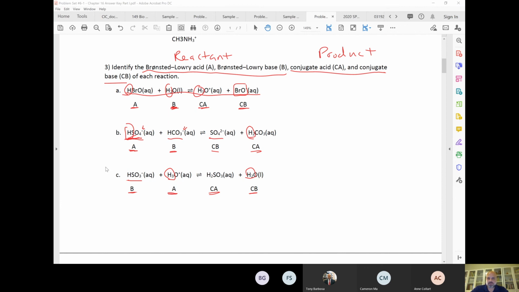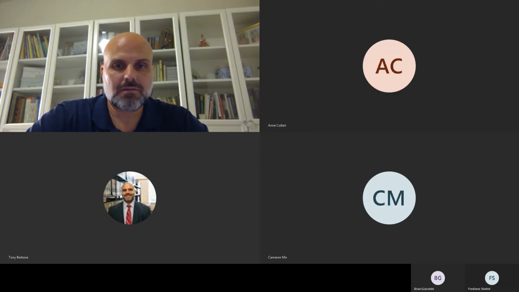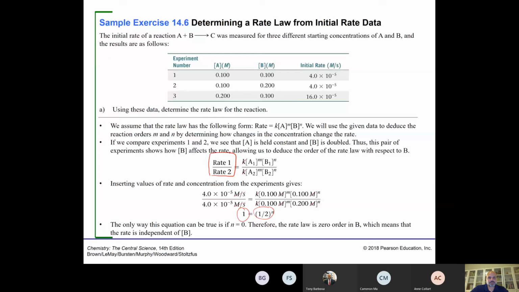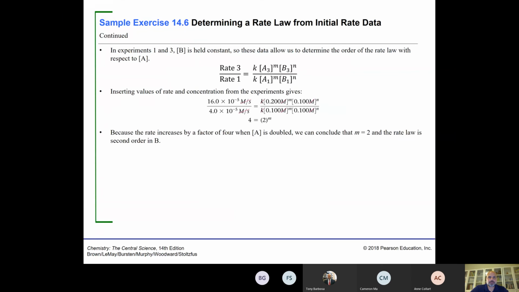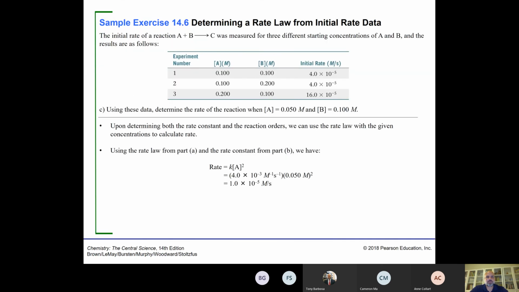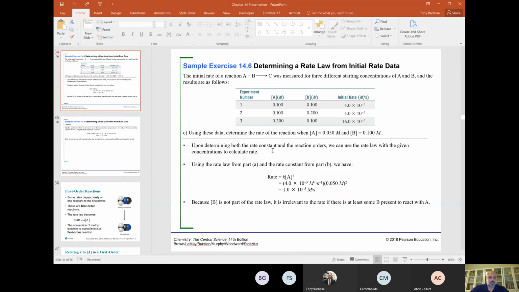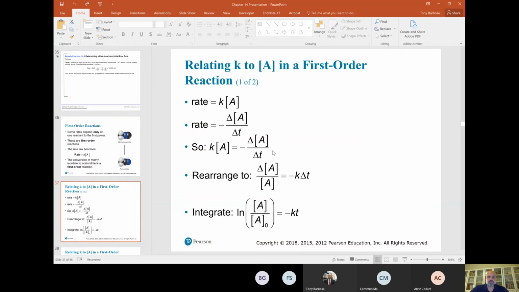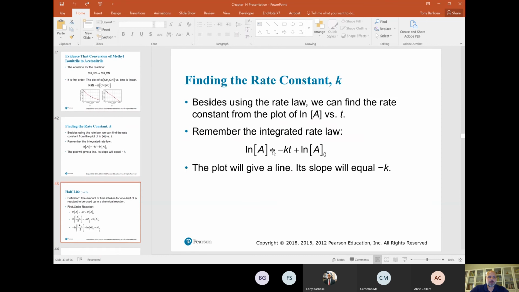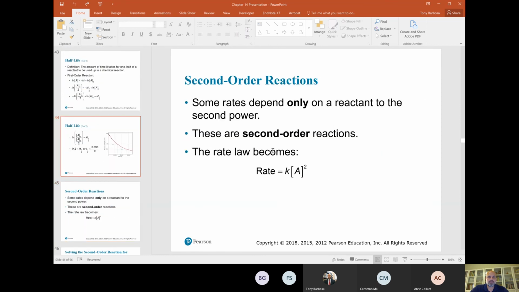Let me see if I can switch through the slides here. Oh, there it is. Half-life.